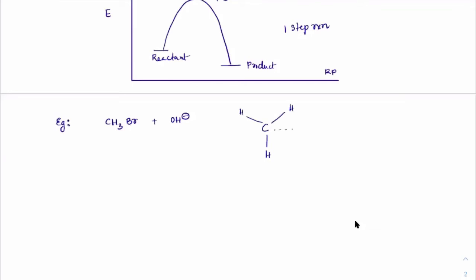On one side bromine is breaking the bond, and on the other side OH minus is making the bond like this. So this is the transition state. Through the transition state it will come towards product as CH3OH plus Br minus. This is the final product.